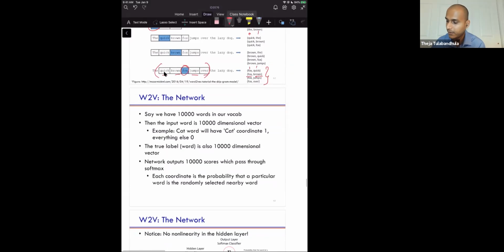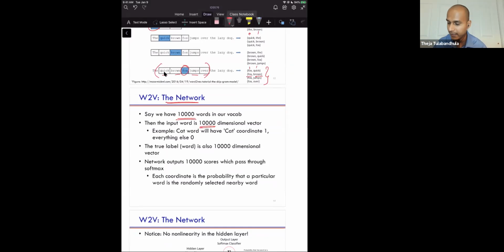Okay, so here's the description of the network. Let's say there are 10,000 words in the vocabulary. So how are you going to input this training example? For each word, you can hypothetically think of creating a one-hot encoding vector.